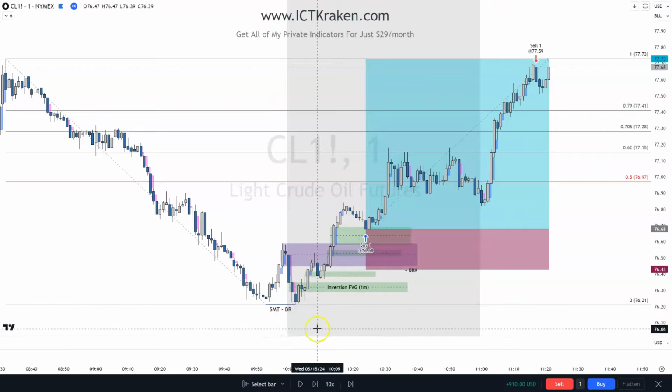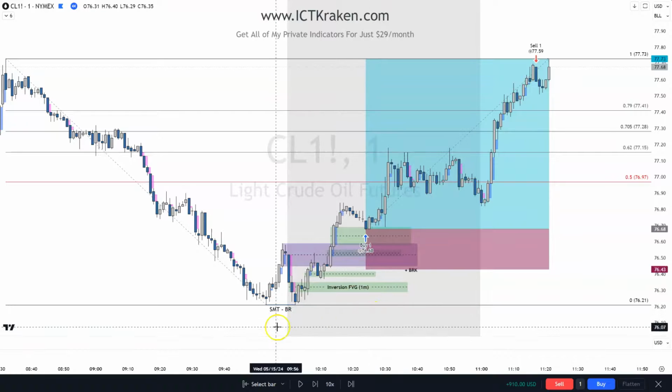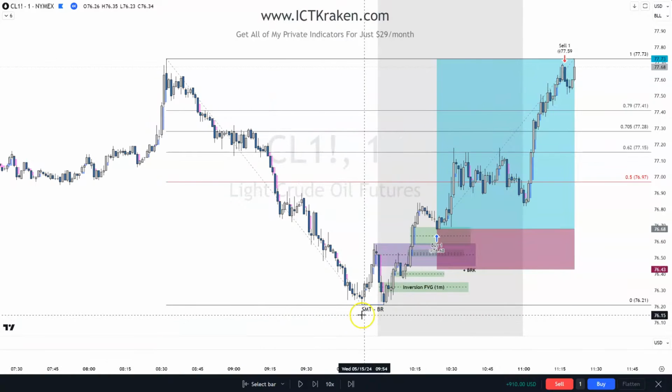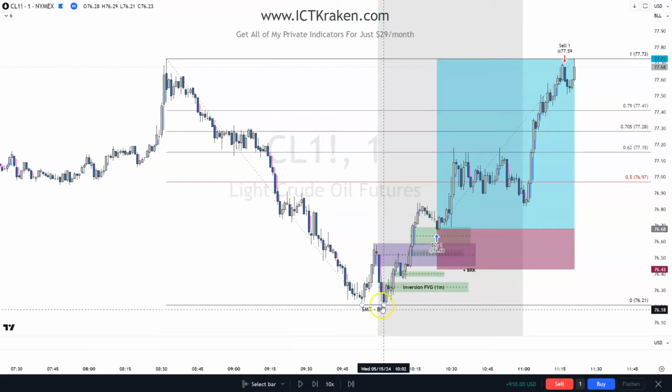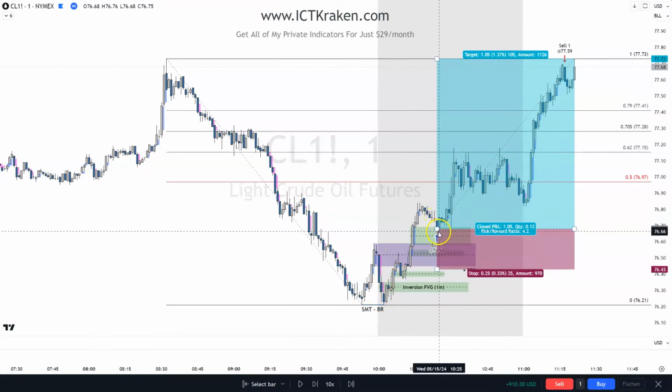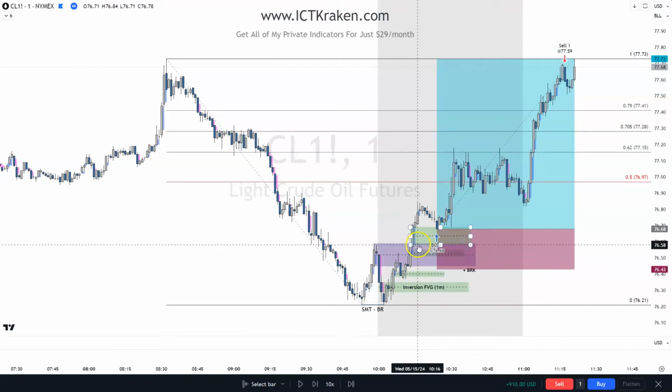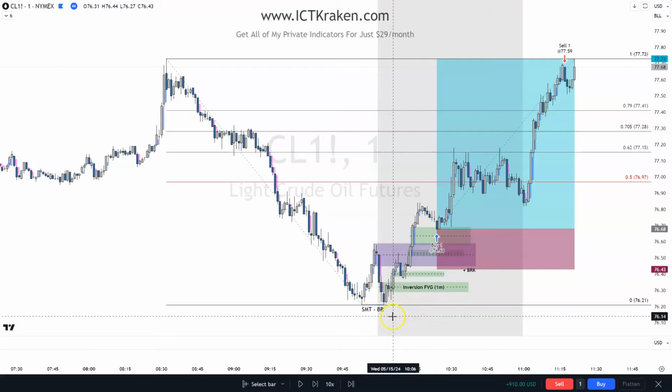Okay, well, this is the AM silver bullet for crude oil. We had SMT with Brent crude. We waited for the breaker. We got in on a fair value gap later on. Now, we could have gotten in on any of these other fair value gaps right here, but I really wanted to wait for the breaker to verify, because SMT with Brent crude oil is something that I found is pretty good to use, but I don't like it as well as SMT with ES or NQ.